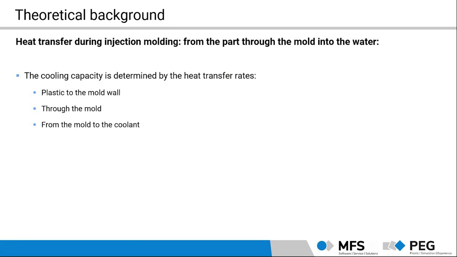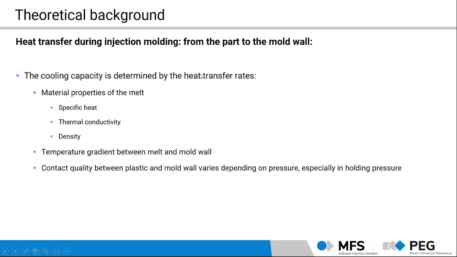And what is determining the heat transfer rate from the plastic to the mold, and also through the mold, and then again from the mold to the coolant system? Those things will be discussed in detail, how we can affect and understand the heat transfer, for example the material properties of the melt and how they affect it.